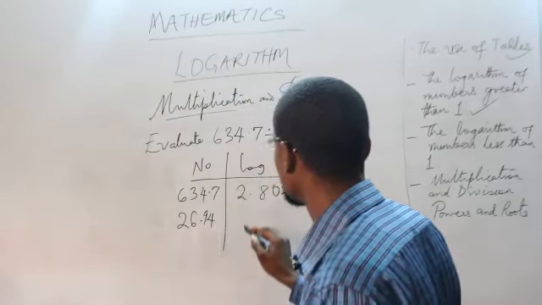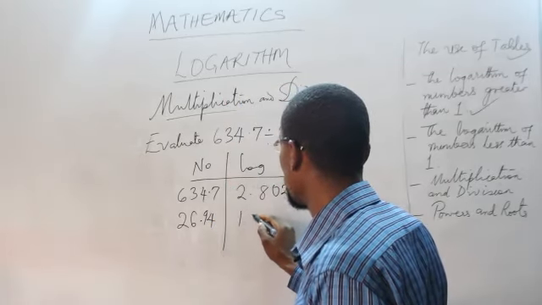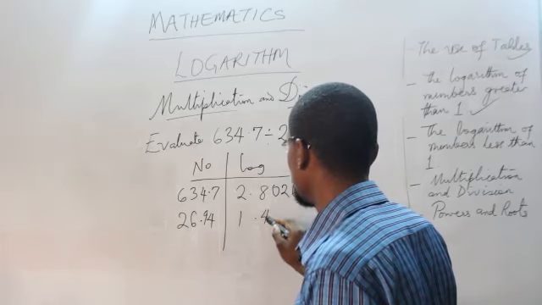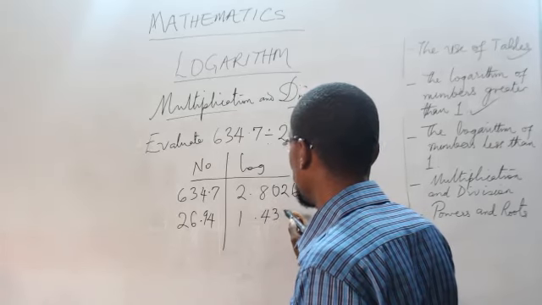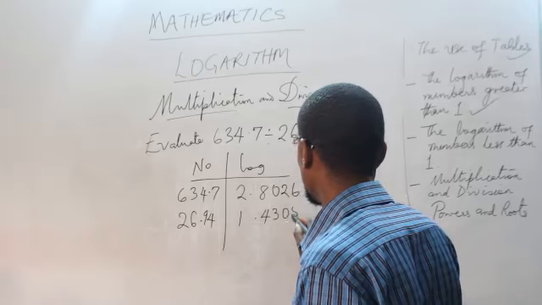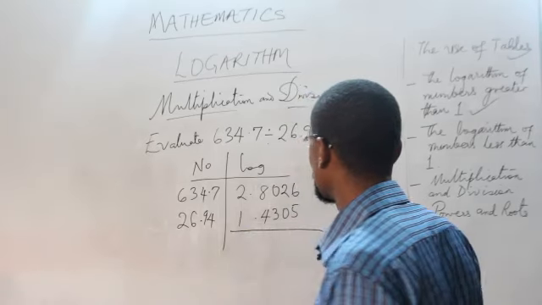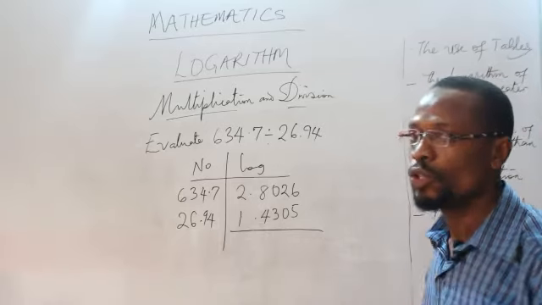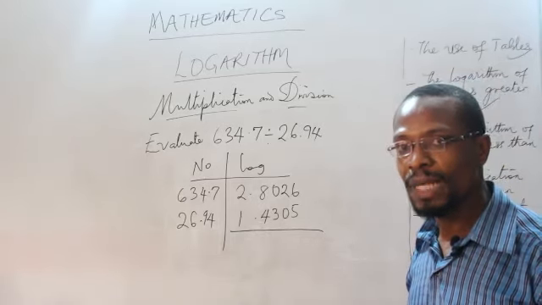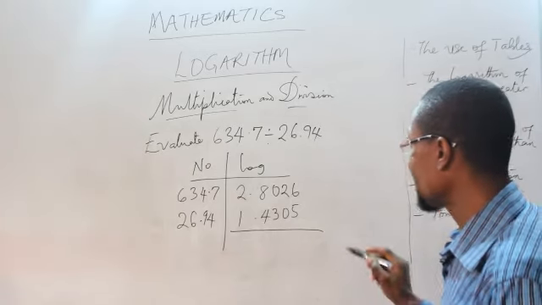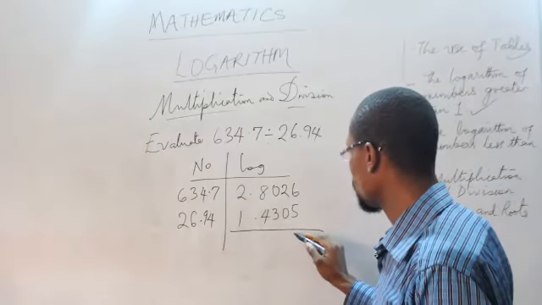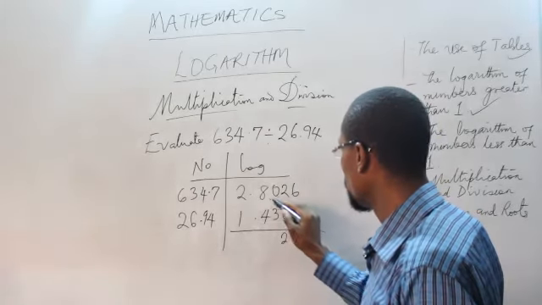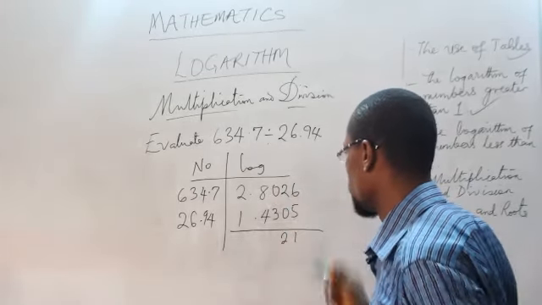26.94. Of course, our characteristic is 1. And what is our mantissa? Our mantissa is 4305. Okay? Now, remember, I said in division, you subtract. In multiplication, we added. So this time we are subtracting. 6 minus 5 is 1. 2 minus 0 is 2. 0 minus 3 cannot go.